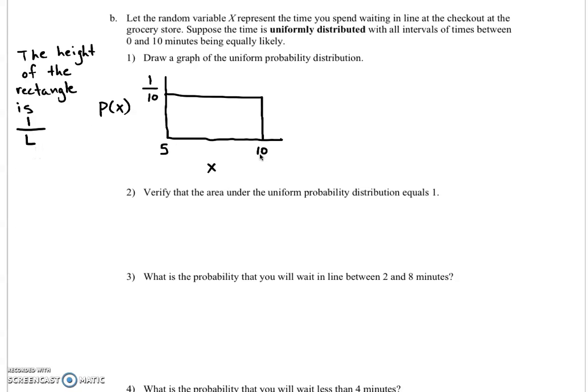And the length is the length of the horizontal axis. Okay, verify that the area is equal to 1. So area is length times width, which in this case is 10 times 1 over 10, which is indeed 1, so we're good.